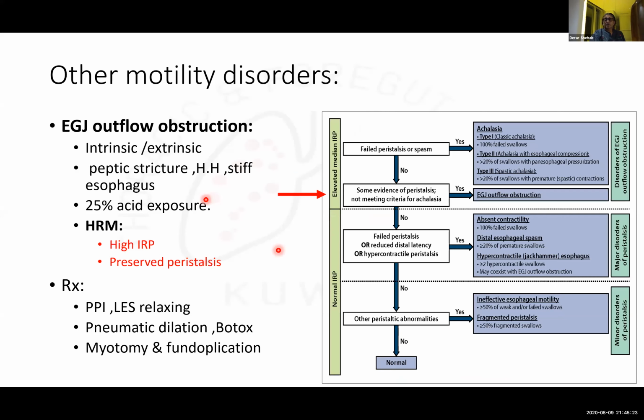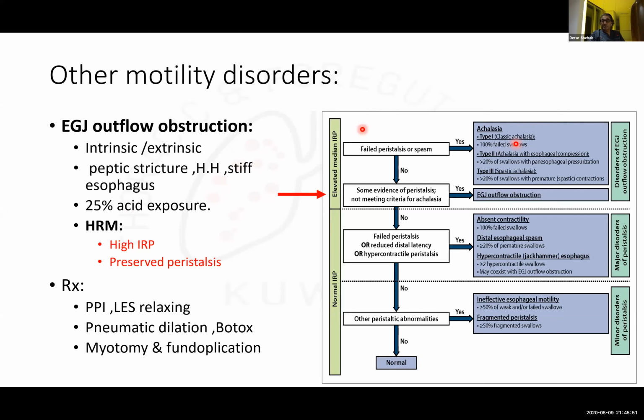Another motility disorder is esophagogastric junction outflow obstruction. The obstruction is either intrinsic or extrinsic, but the high resolution manometry usually shows elevated resting pressure of the lower esophageal sphincter and preserved peristalsis. So in achalasia, the peristalsis is gone.